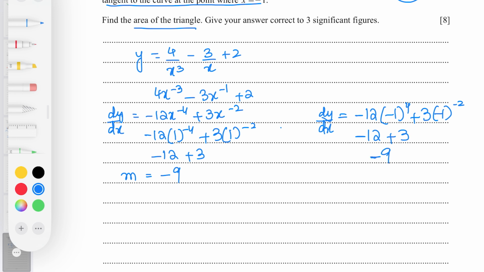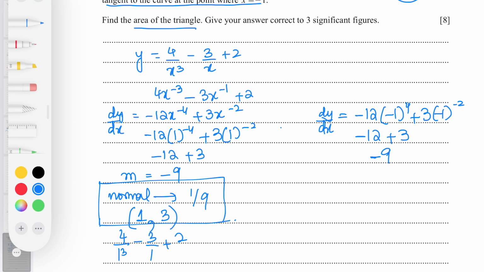Okay, for the normal, the gradient becomes 1 upon 9. The point of x is 1. Let's find out y. 4 upon 1 minus 3 plus 2 gives you 3. So we have this data. Let's find out the equation of the normal.